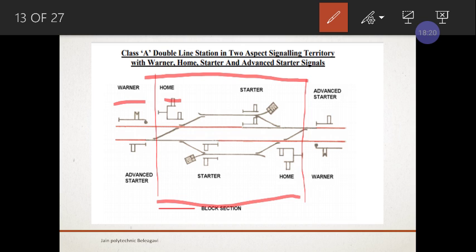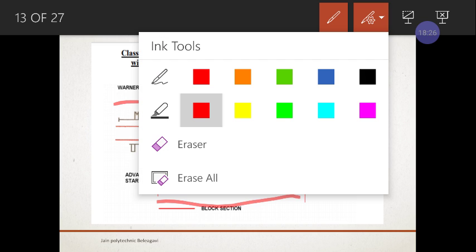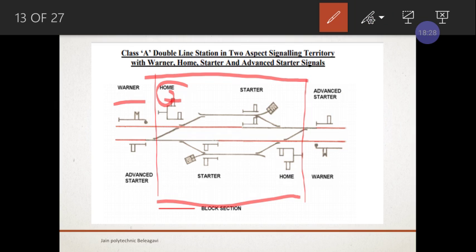Once you are standing on the track and want to proceed forward, the starter signal tells you whether to move forward in this direction or not, whether the track is clear or not clear.